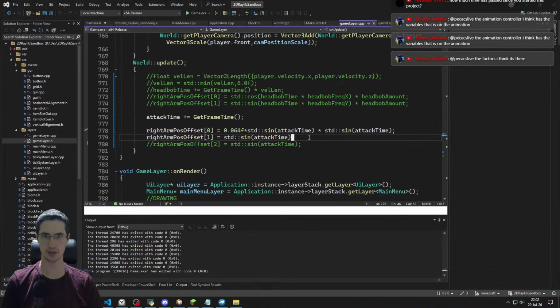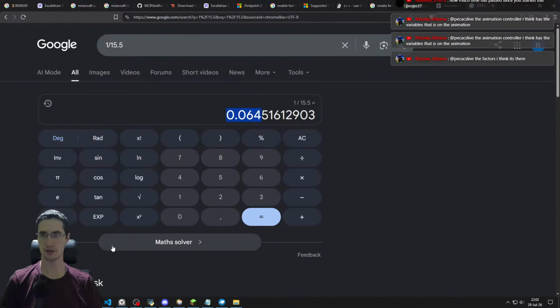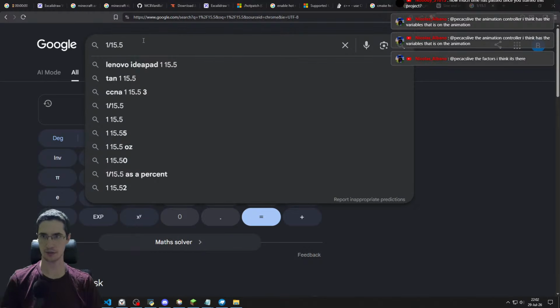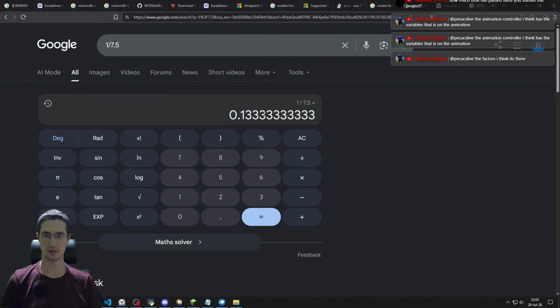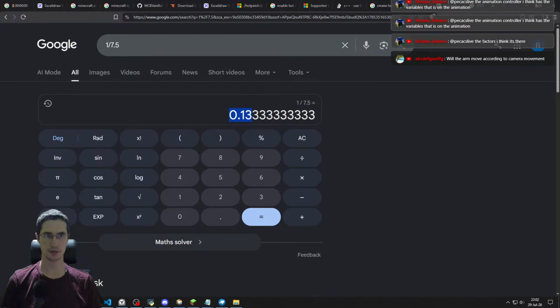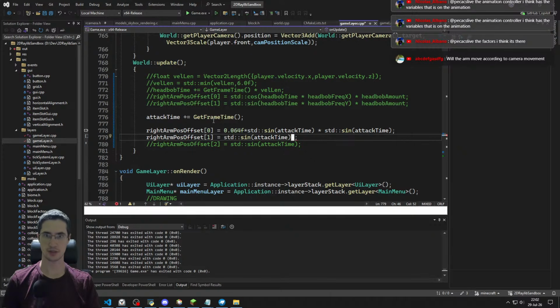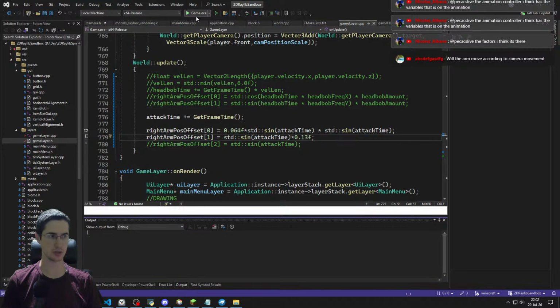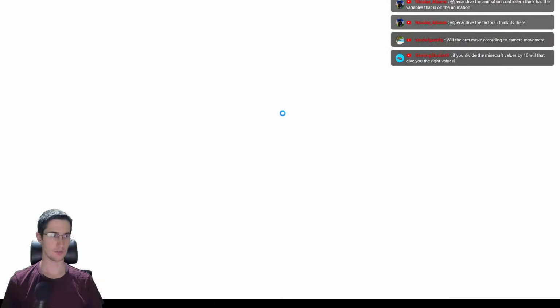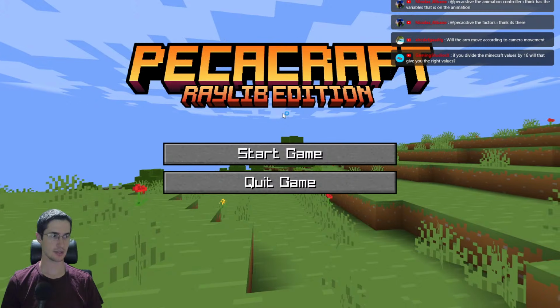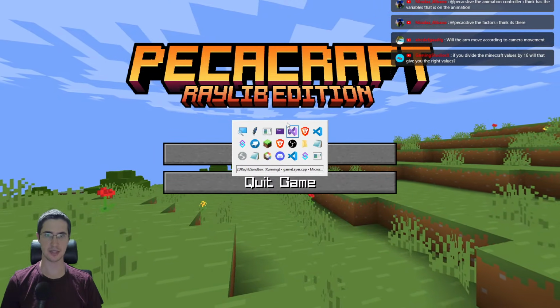Let's lower it here by 7.5. By this amount. I'll check the animation controller, but in one moment. You divide the Minecraft value. Yeah, I'm dividing them by 16, chat.